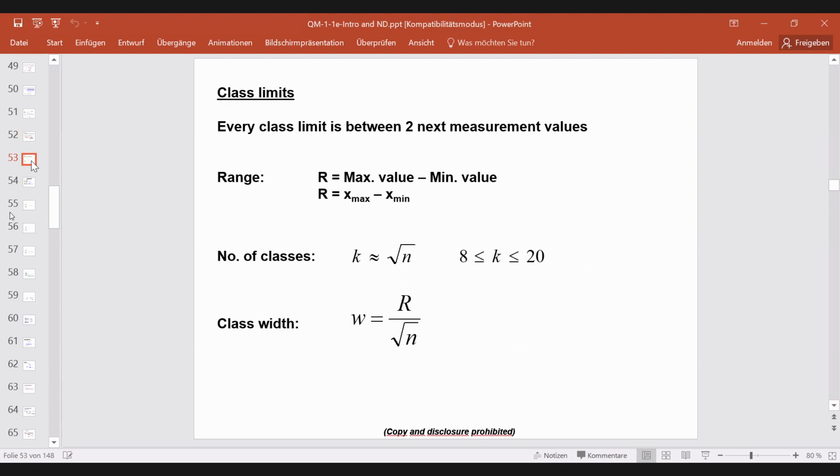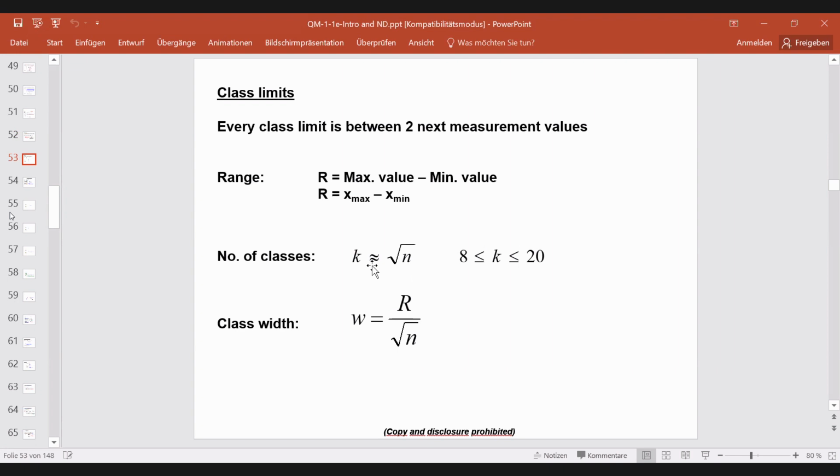Regarding the classes, we can calculate the range. At first, the range in a sample is defined as the maximum value minus the minimum value. So the biggest value and the smallest value. The difference of this is the range. So it is the maximum value of the sample minus the minimum value of the sample.